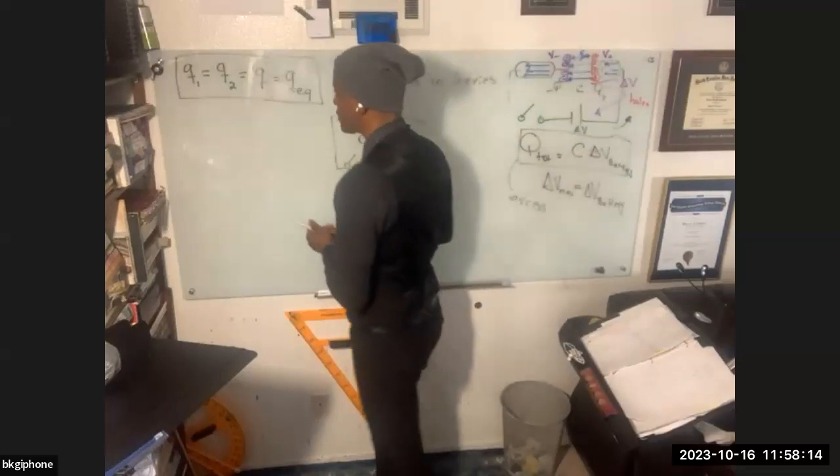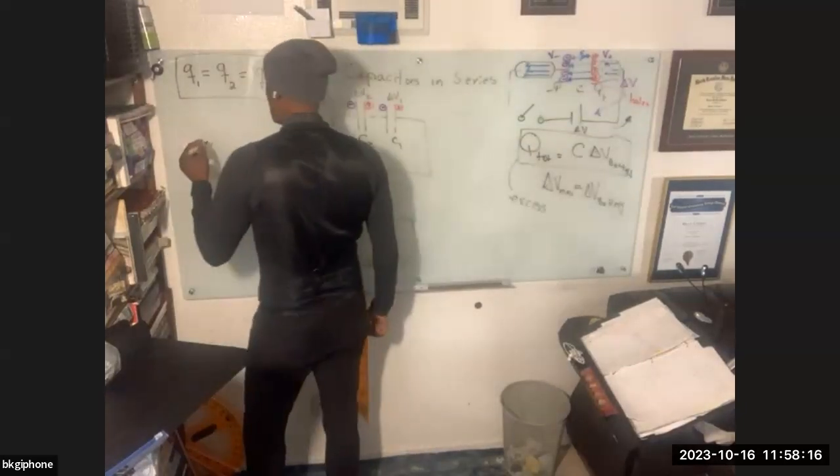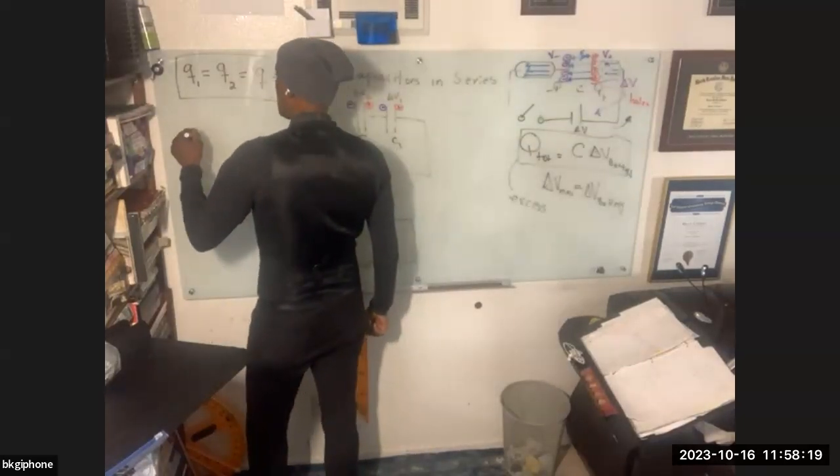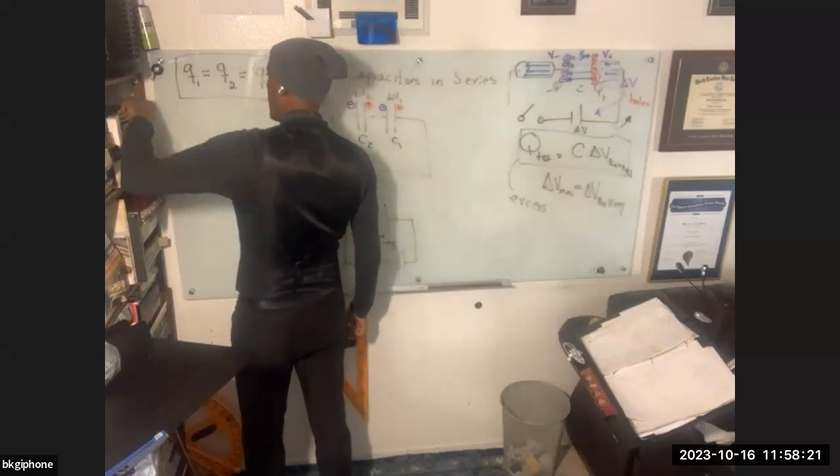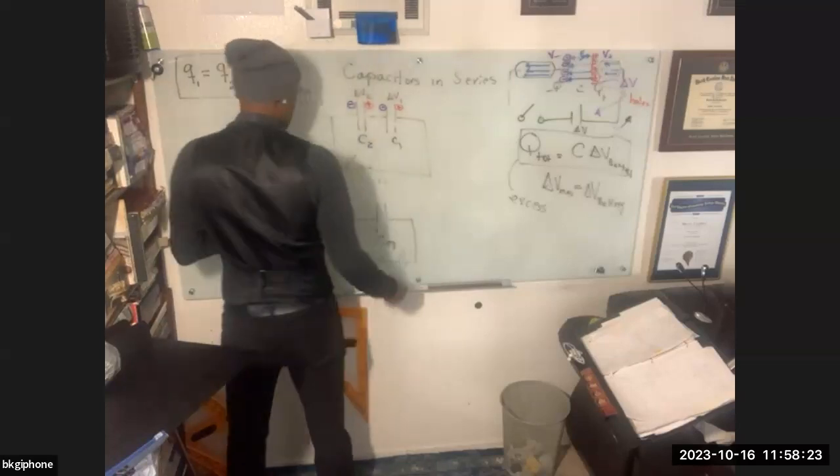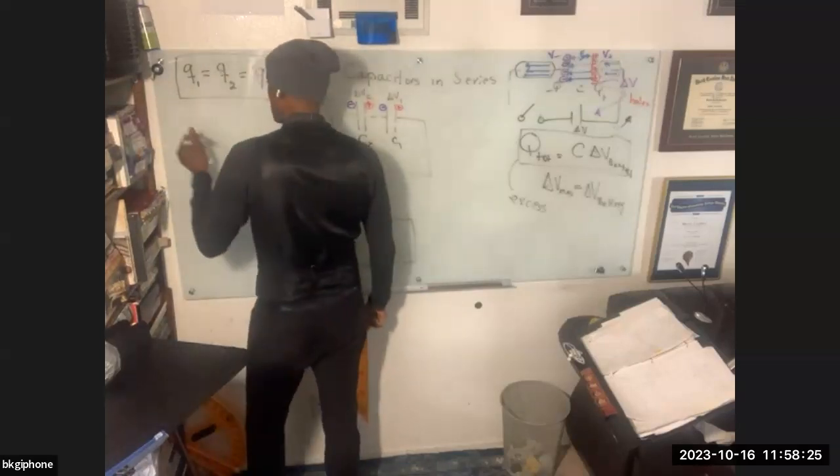So what I say is that charge on capacitors in series is the same, and is inherently the same, and it is the same as the charge on the equivalent capacitor.